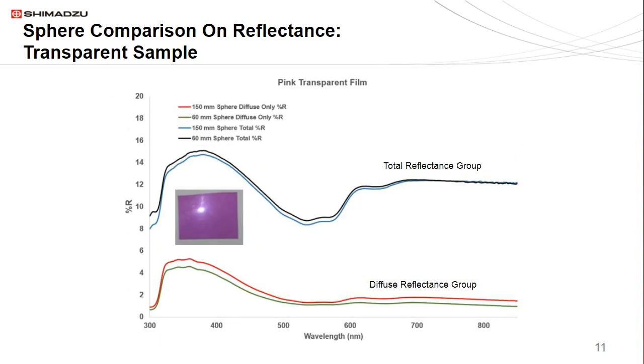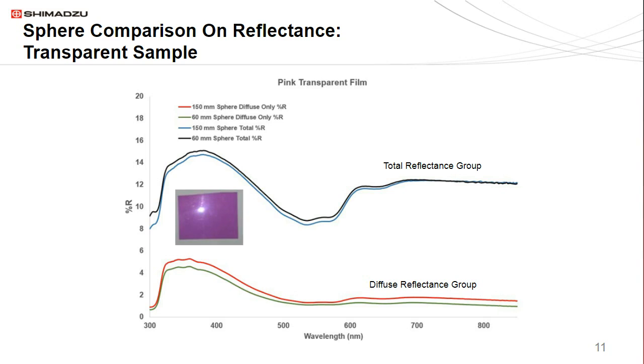Our final sample, and our most problematic sample, is the pink transparent sample measured in reflectance mode on an integrating sphere. Rule number one in measuring transparent samples in reflectance mode on an integrating sphere: never put anything in back of the sample, especially anything reflective. It will cause a double pass through the sample and give you all sorts of weird and wacky data.